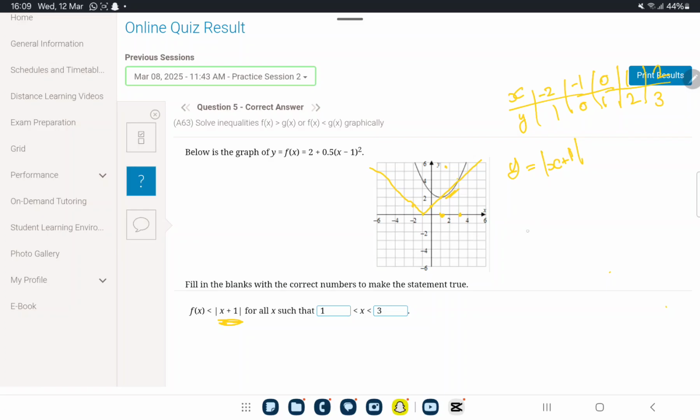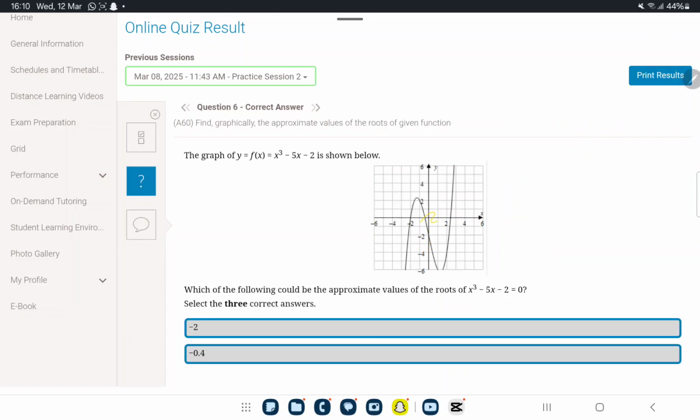So greater than x equals 1 and less than 3. Sorry, less than 3 and greater than 1.